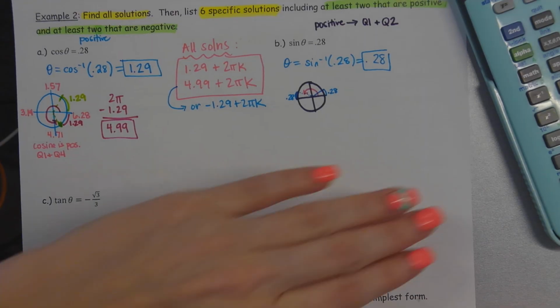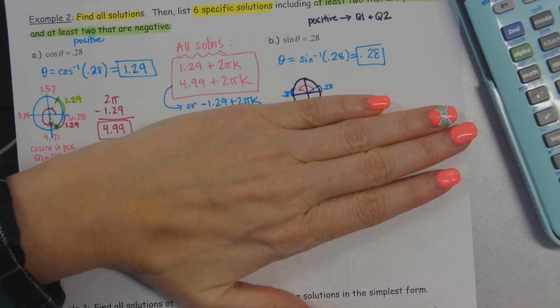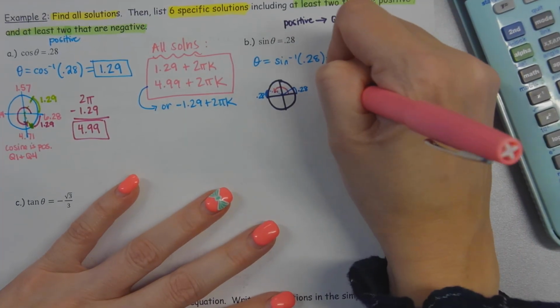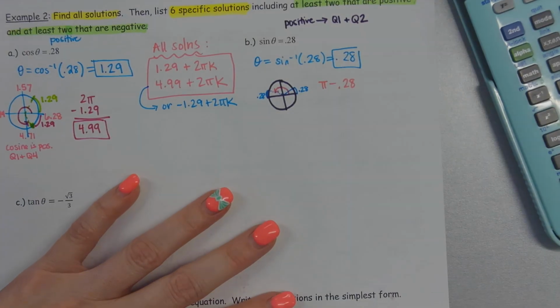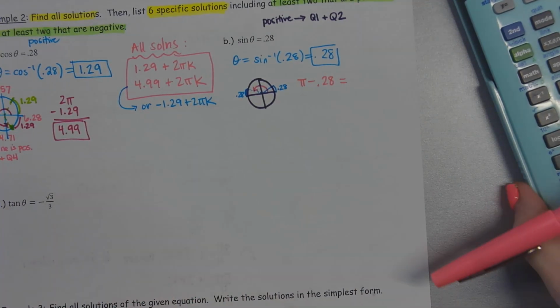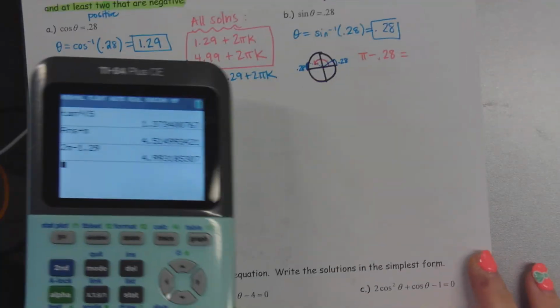Because you know that the whole top half is pi. This little portion here is 0.28. So if we just do pi minus 0.28, okay, that's going to give us our second value.